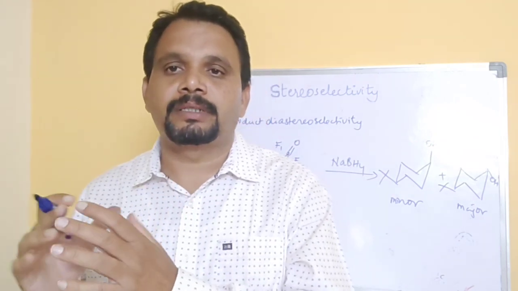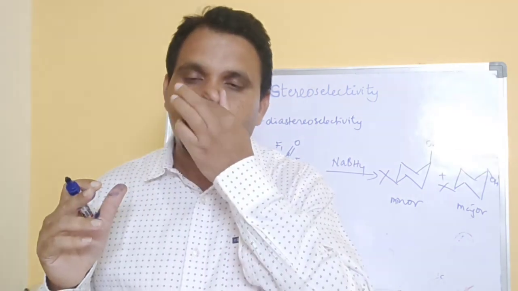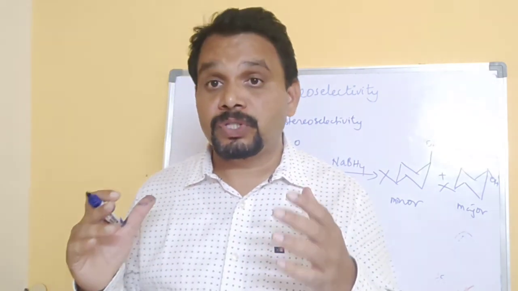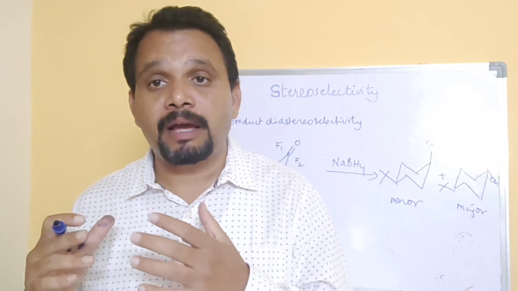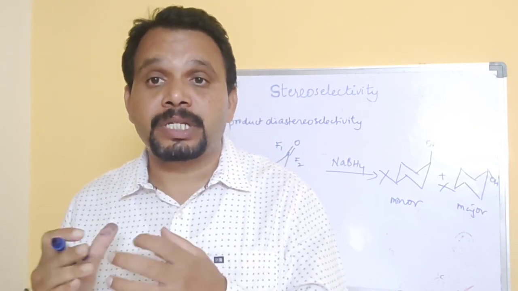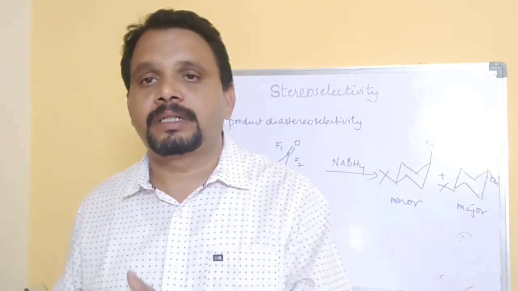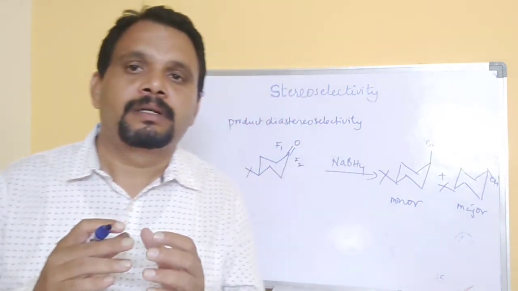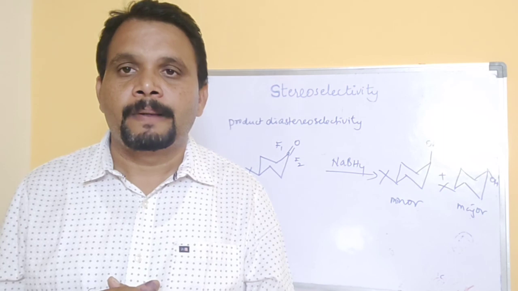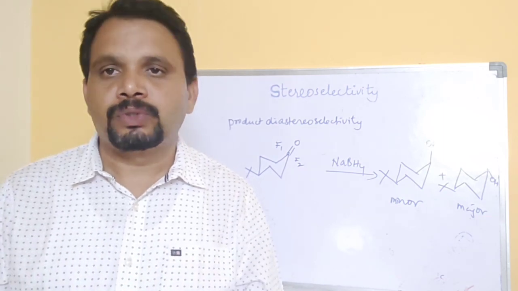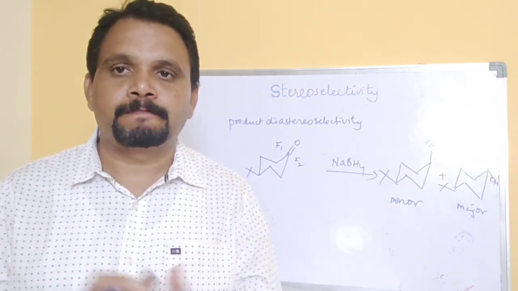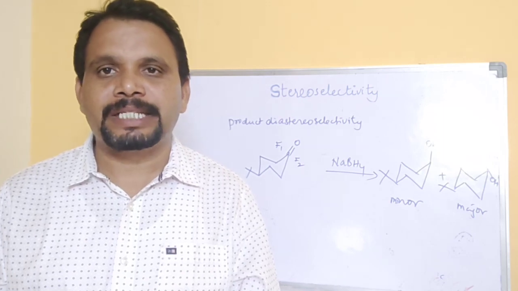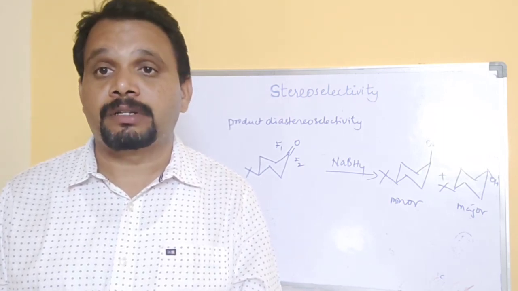In product stereoselectivity, you have product enantioselectivity and product diastereoselectivity. I gave the best examples for that, and if you go through my notes and my lecture, I hope you will understand these concepts easily.